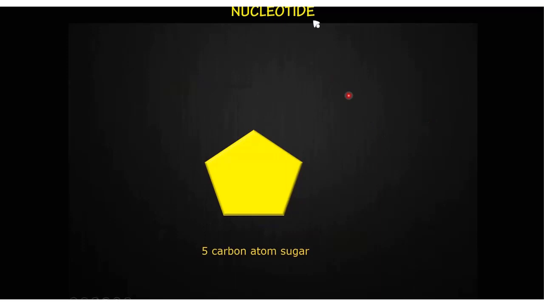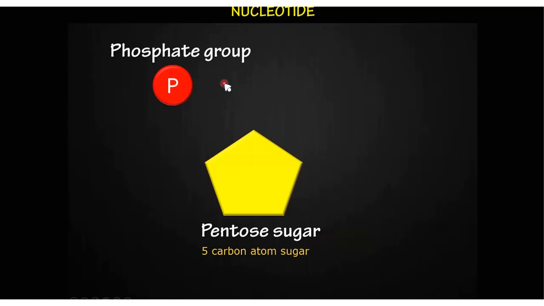So every nucleotide has a pentose sugar. It's known as pentose because they have 5 carbon. If you remember, glucose has 6 carbon. This one has 5 carbon. We call it pentose sugar. This pentose sugar will be linked to what we call a phosphate group.